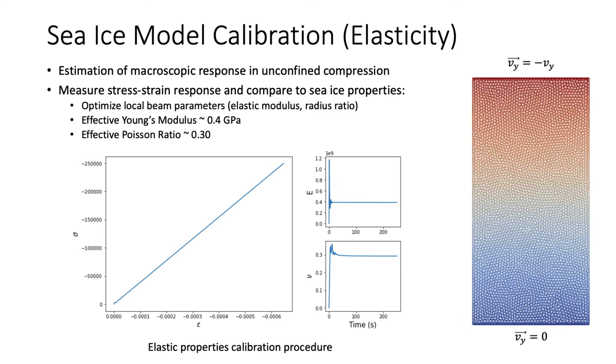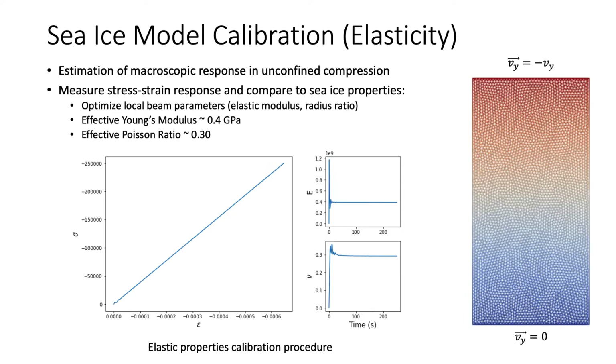And so there's this calibration procedure that needs to be done. So if we want the overall floe to have some kind of elastic response, we need to do a calibration procedure to set these local beam parameters such that we get the overall effective response that we would expect. Okay. So there's some pre-processing here that's a little bit tedious, but once it's dialed in, it's done, and we can run a number of simulations.